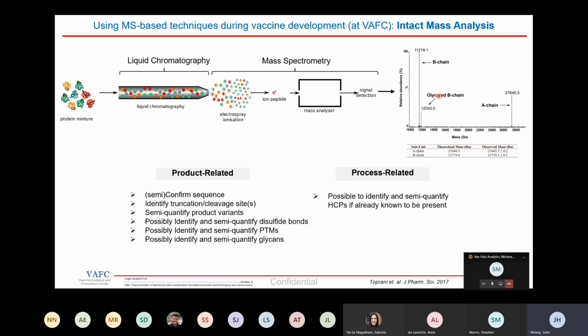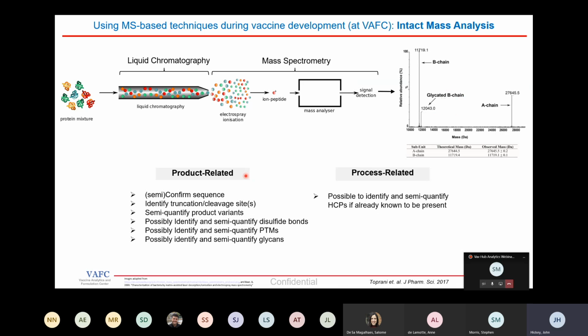And here you're looking at intact masses. I just have a figure from a paper we published a few years ago, looking at a 2 protein complex, A chain and a B chain, and we also identified a post-translational modification, a glycated B chain. And I'll actually have a case study on this later on.